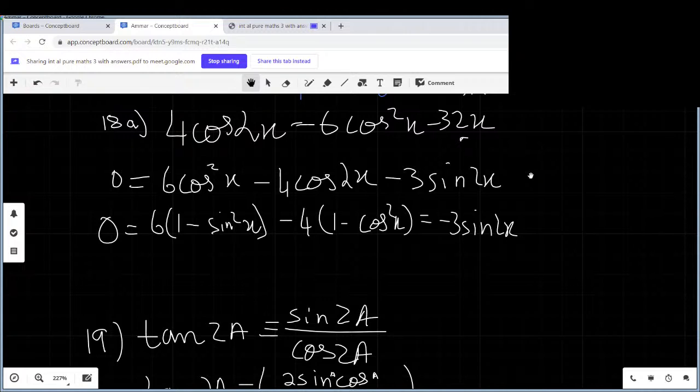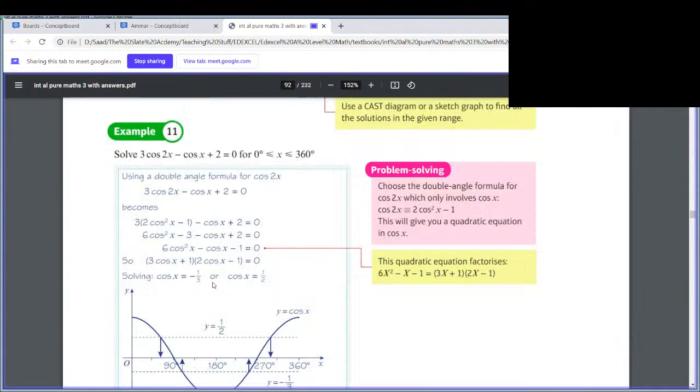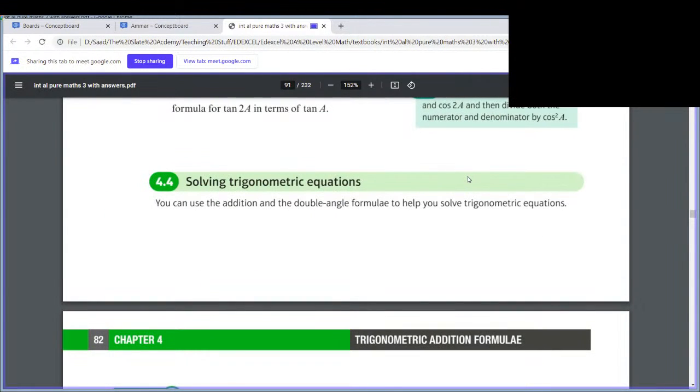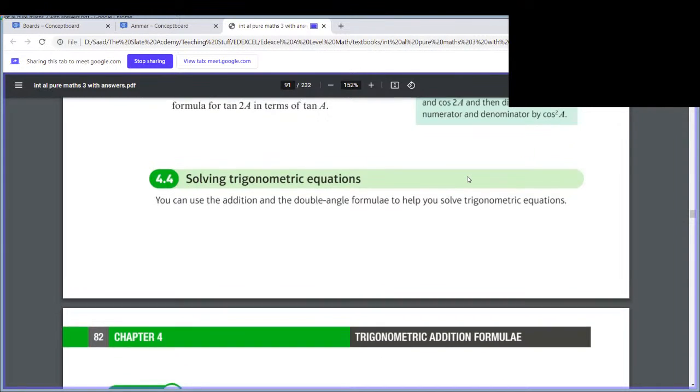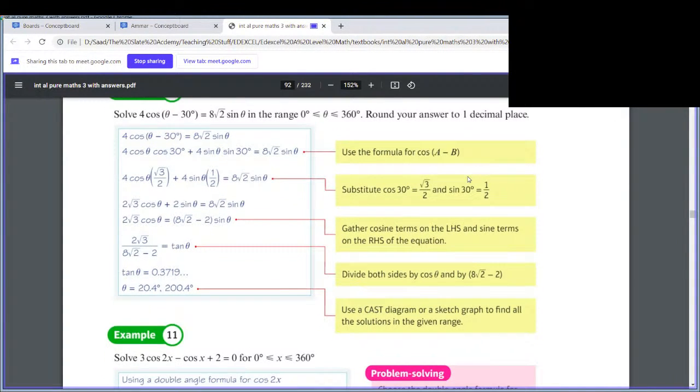Yes, sir. Are you there? Yeah. Formulae. Not really. Solve trigonometric equations.